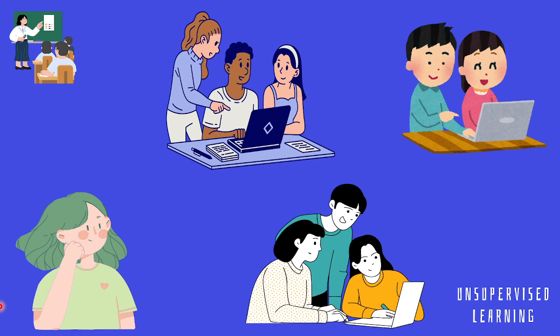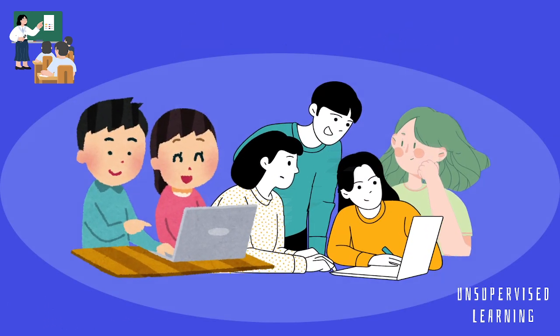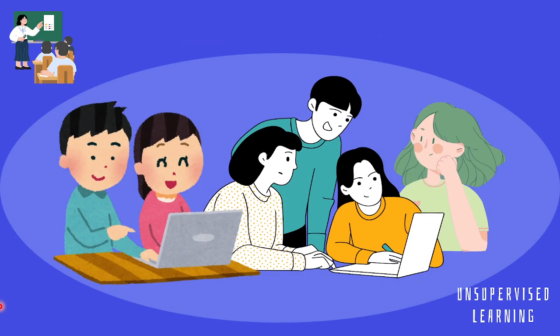Slowly, you start noticing that students with similar interests naturally form different groups. Here, nobody comes and tells you that these students are from the sports group and these are from the music group. No, you simply observe them, understand their interests, and identify these groups by yourself, right?